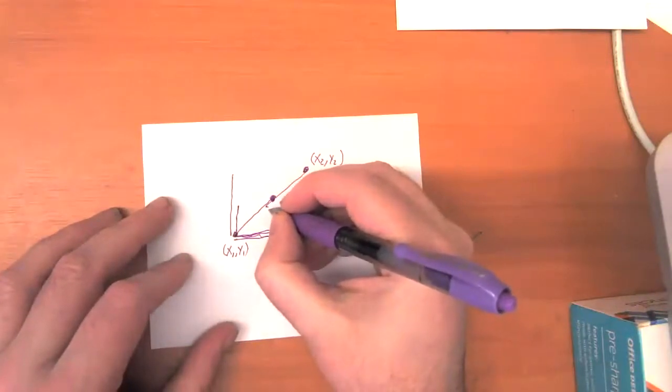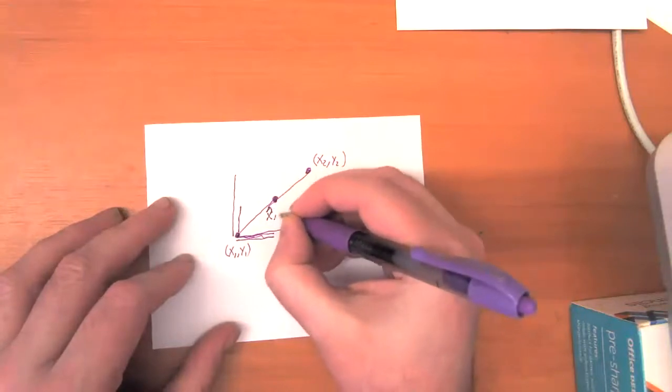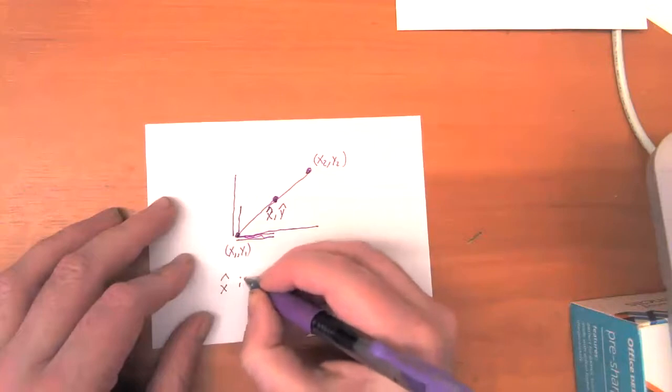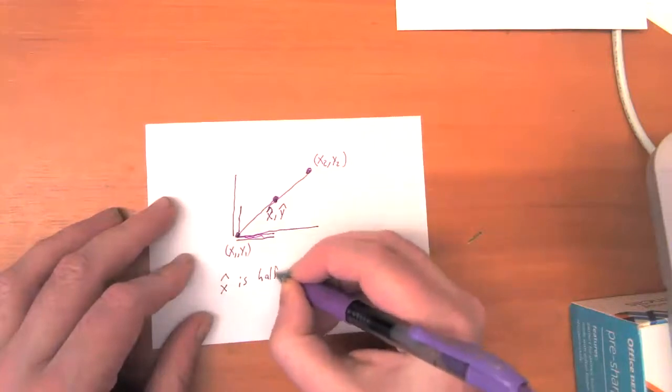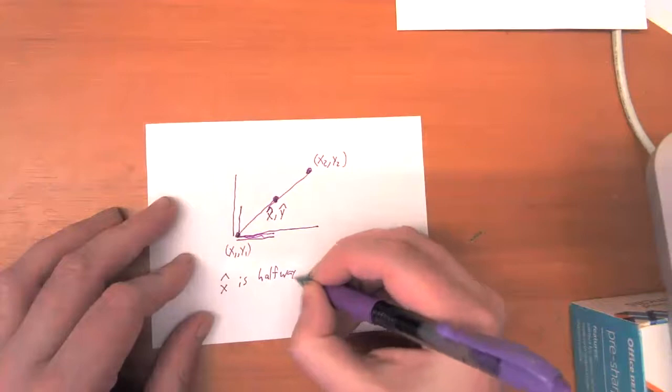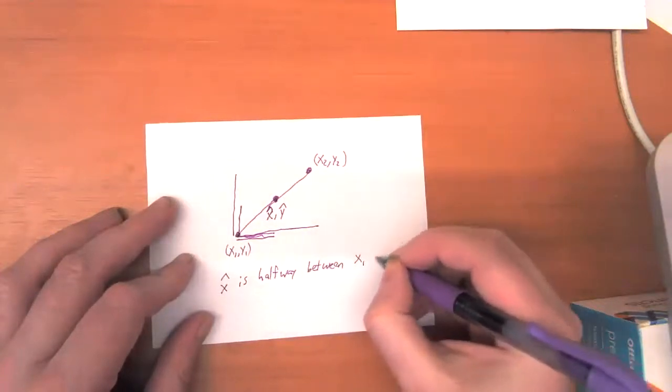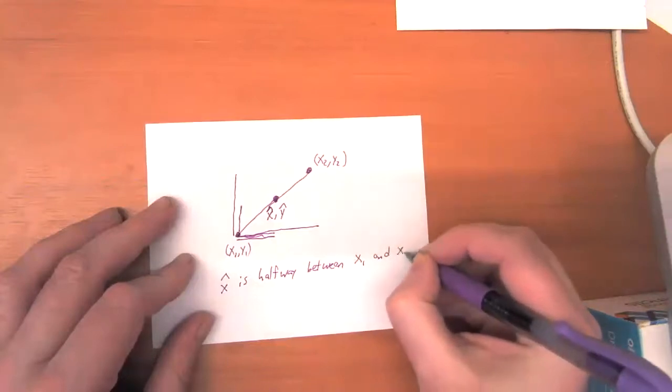So let me call this x with a hat and y with a hat. So x hat is halfway between x1 and x2.